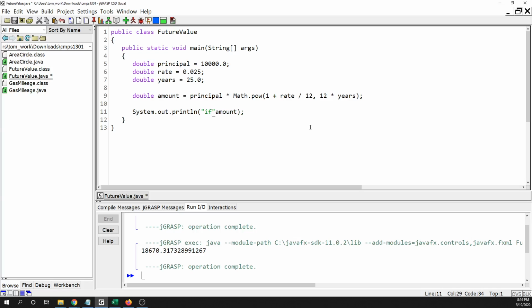So we'll say, if whatever amount was invested, which is the principal, is invested at a rate of, and then rate, for however many years.